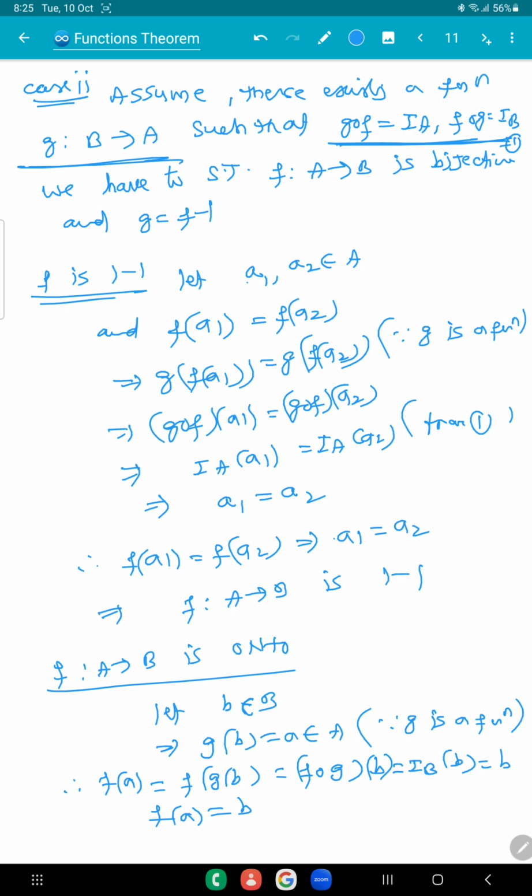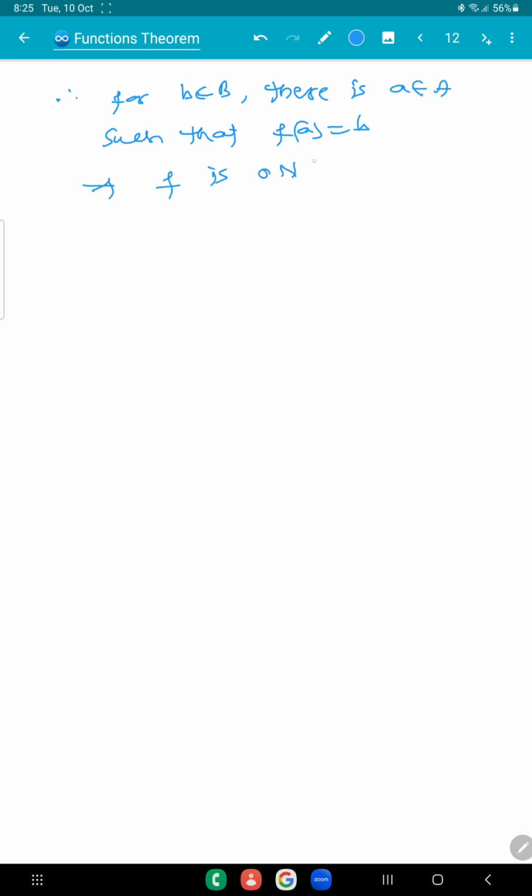So for B belonging to B, there is A belonging to A such that F of A is equal to B. That implies that F is onto.